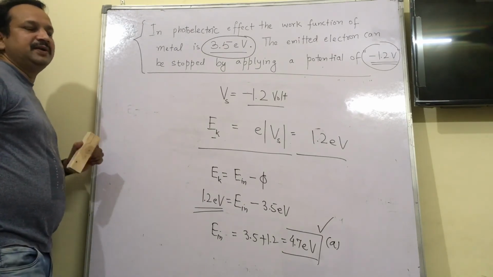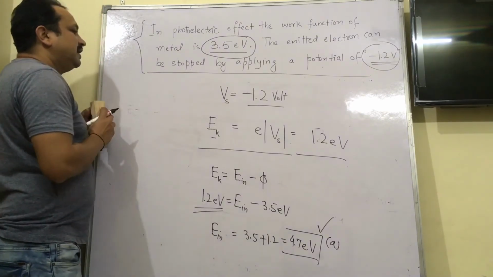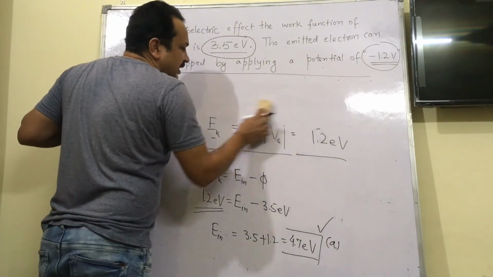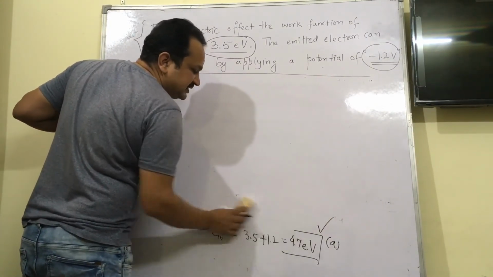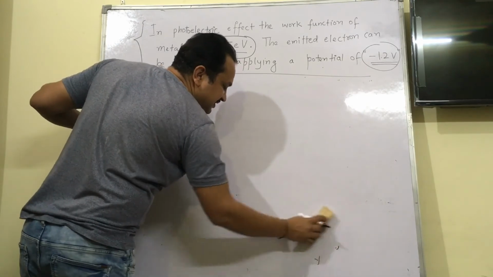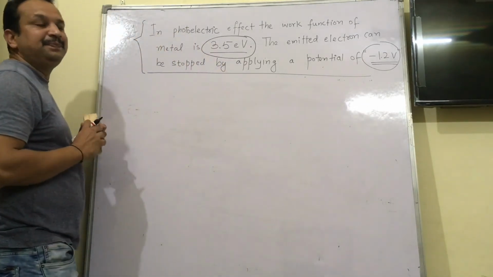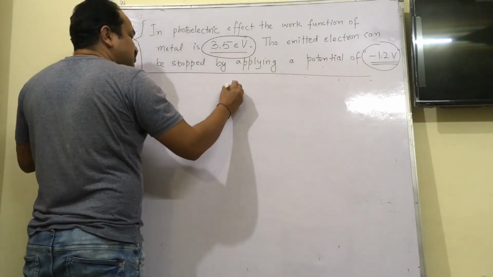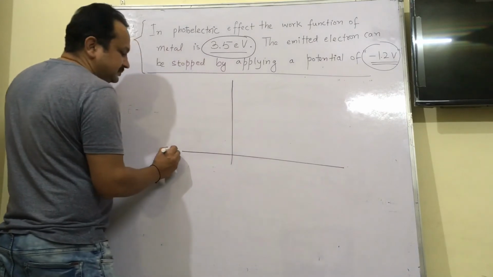In the third option, it is given that if I increase the frequency of the incident photon, then there will be an increase in current. So let me see the example.